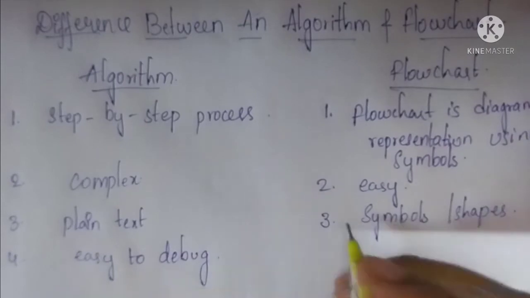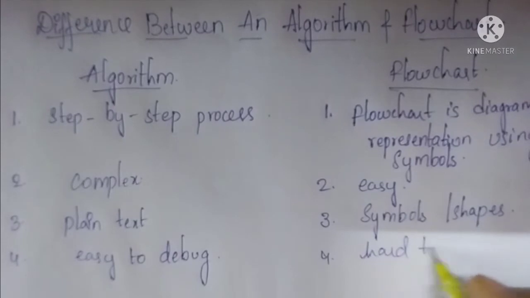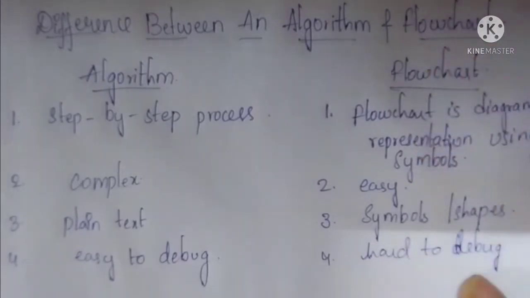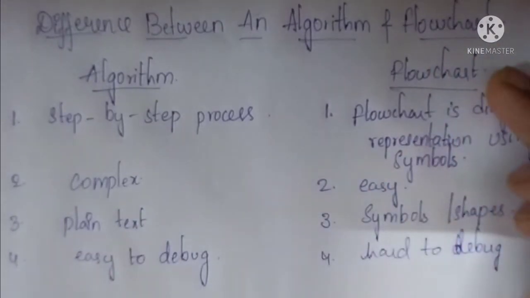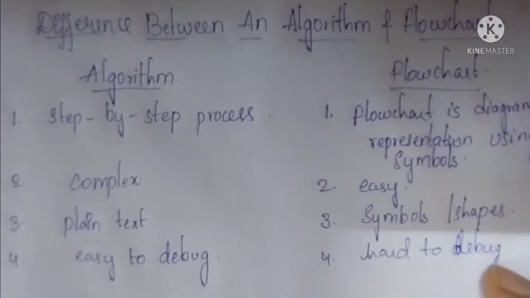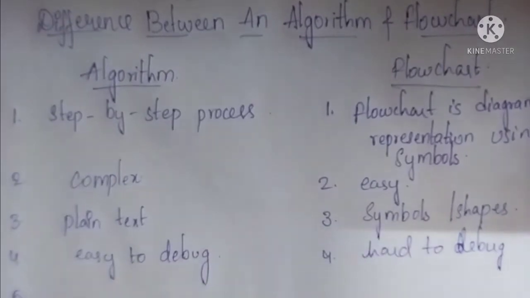But coming to the flowchart, it is very hard to debug. Why do we say it is hard to debug? Because we are using symbols here, not plain text. With symbols it is very complicated to find the errors, and also to debug those errors.